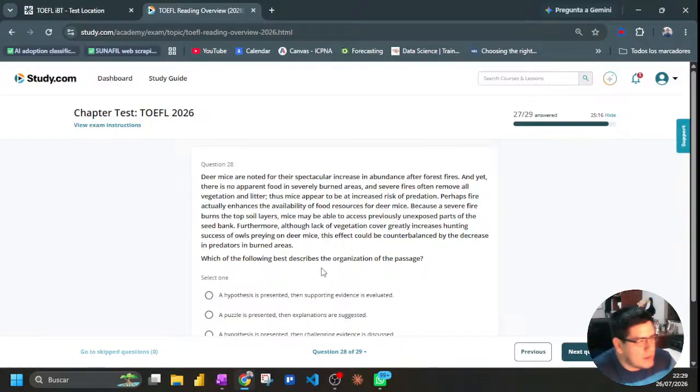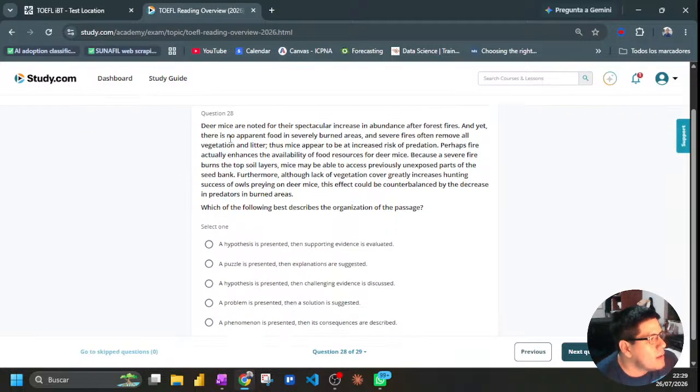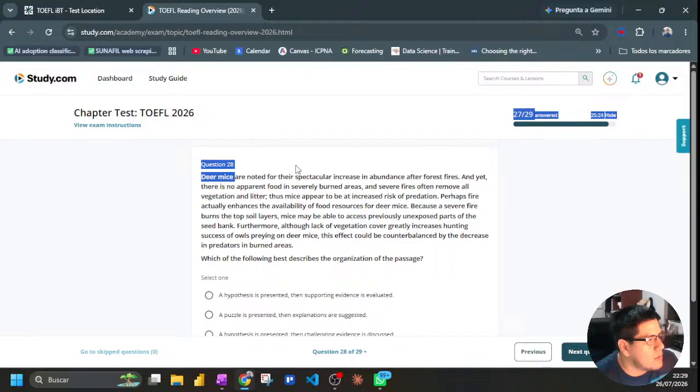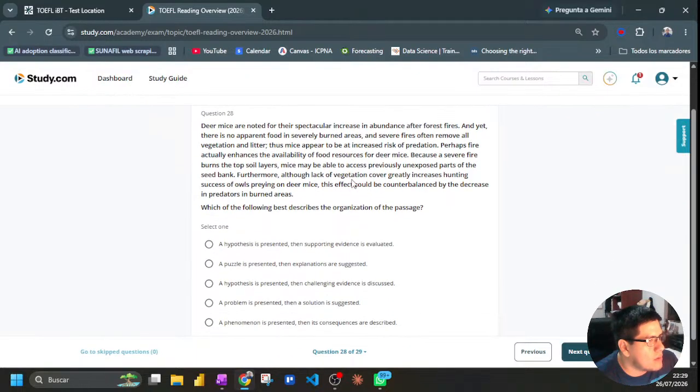What is the organization of the passage? Deer mice are noted for a spectacular increase in abundance after forest fire, and yet there is no apparent food in several burned areas.